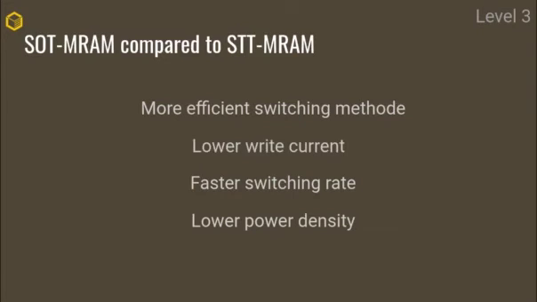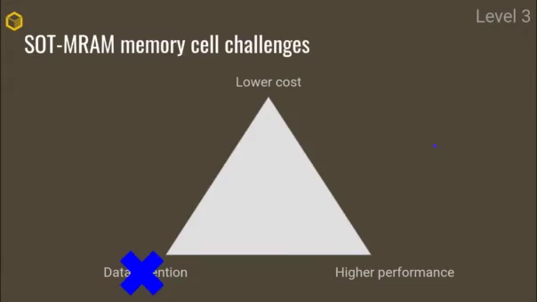This also means lower write currents. Apparently, I have not found a clear justification for this, but I will assume that this is also linked to a more efficient switching method. In my trilemma, I can take off the problem of data retention, and now I'm simply left again with the problem of lower cost or higher performance.